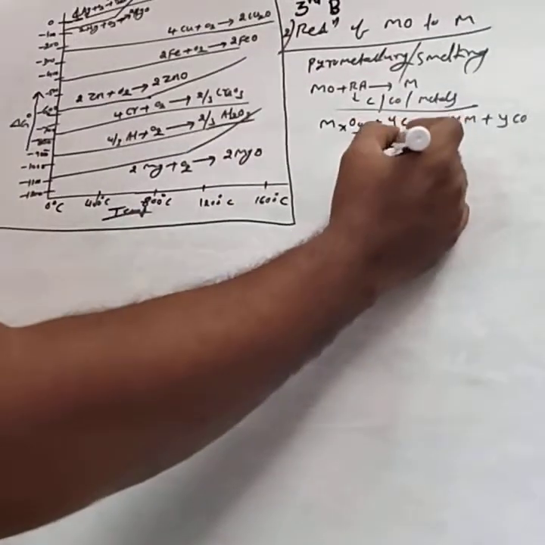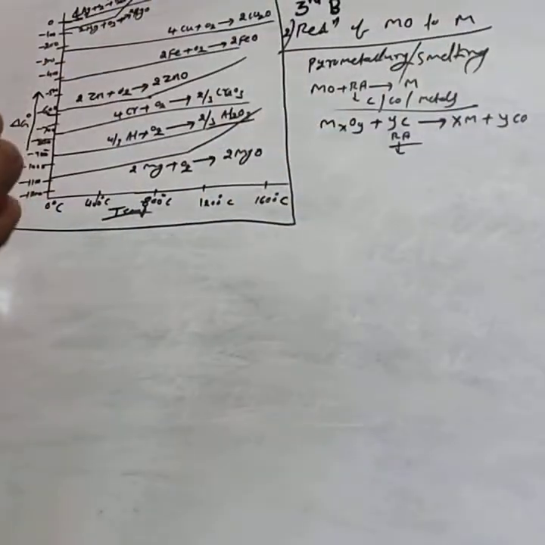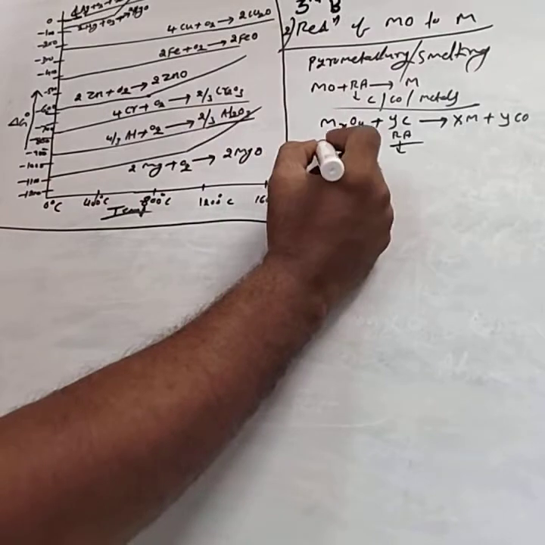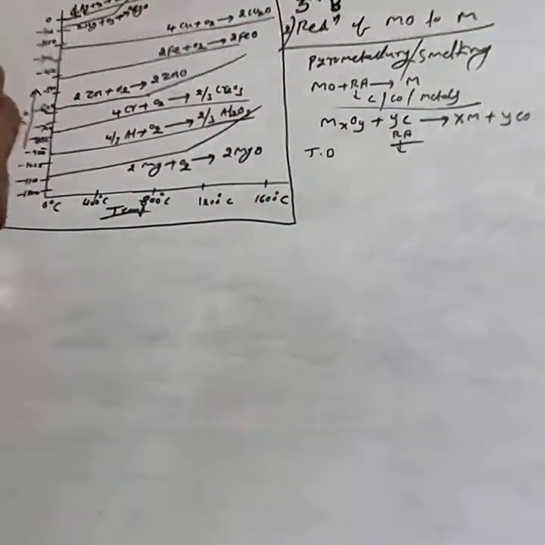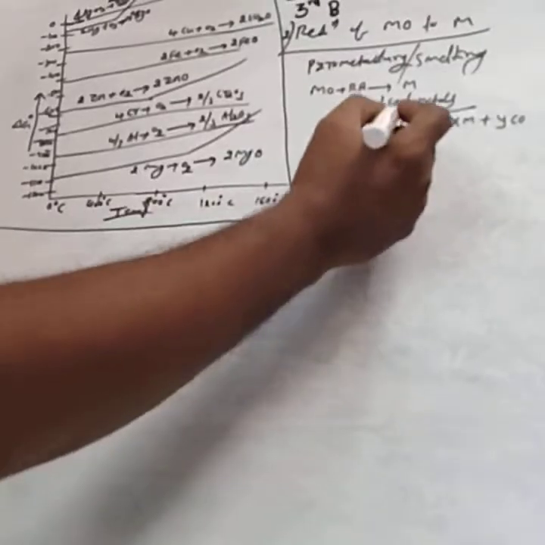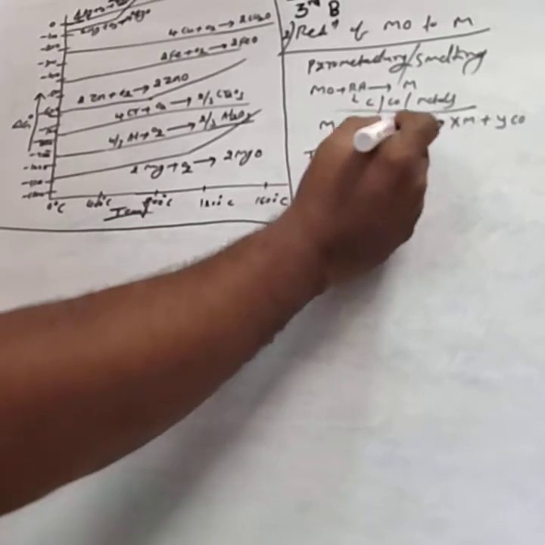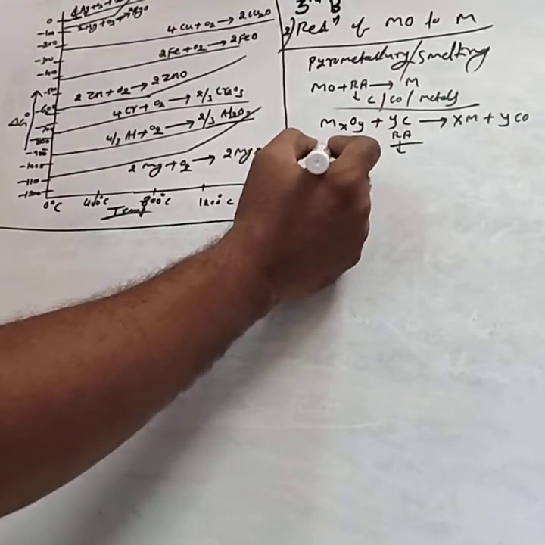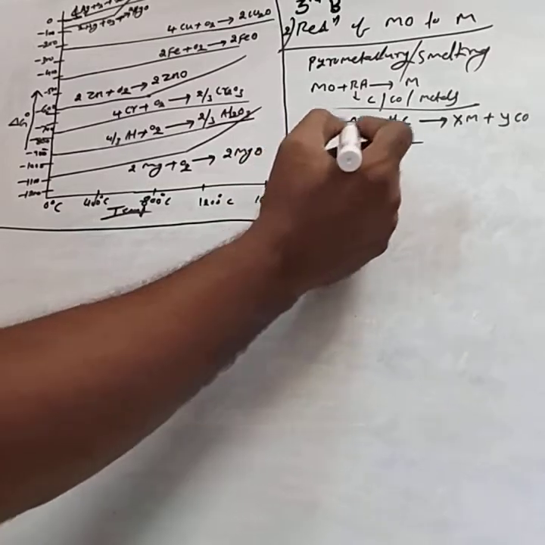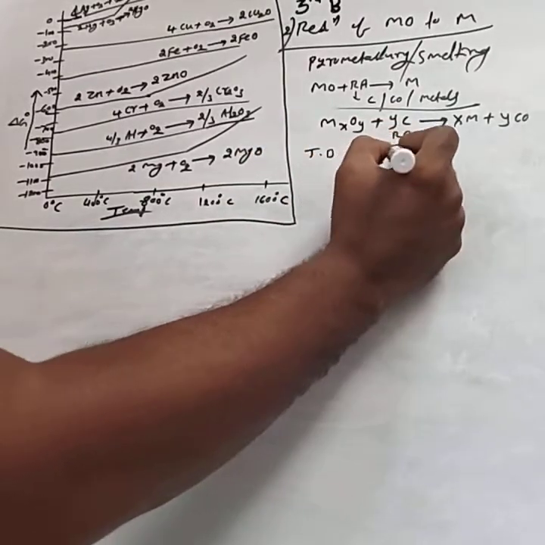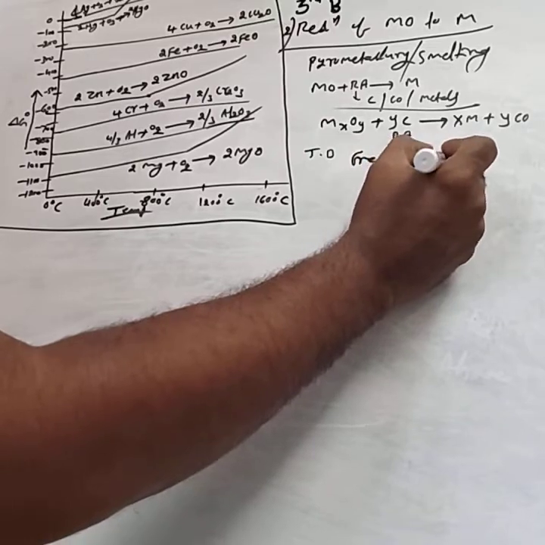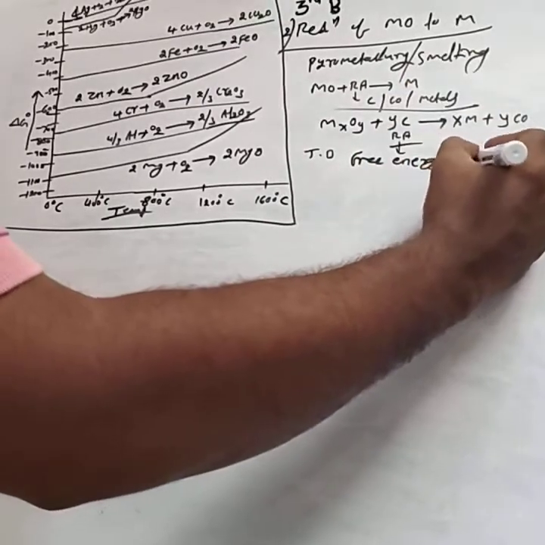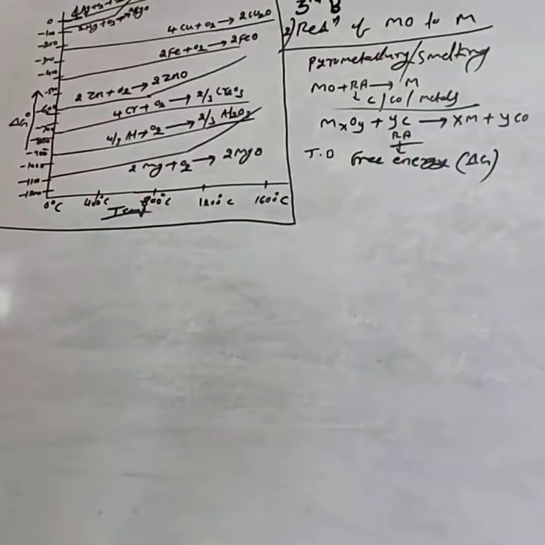This reducing agent can be selected by using a thermodynamic parameter. Selection of the reducing agent can be carried out by using a thermodynamic parameter called free energy, that is delta G, change in free energy.